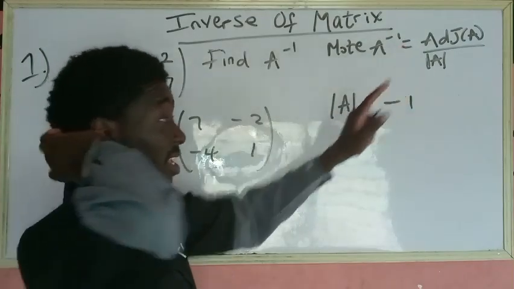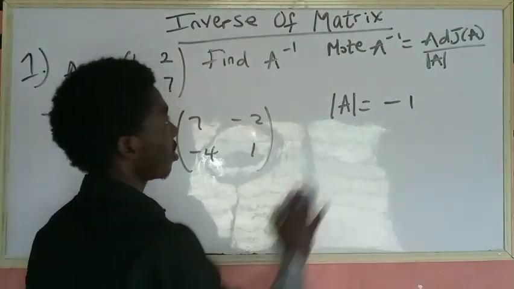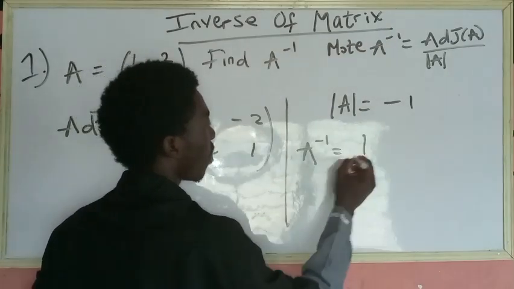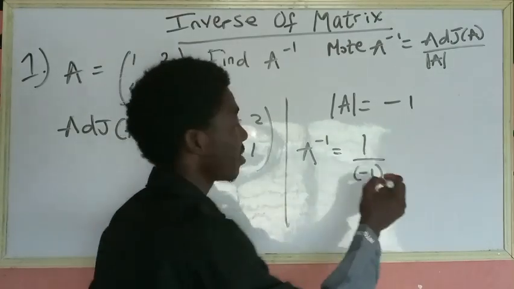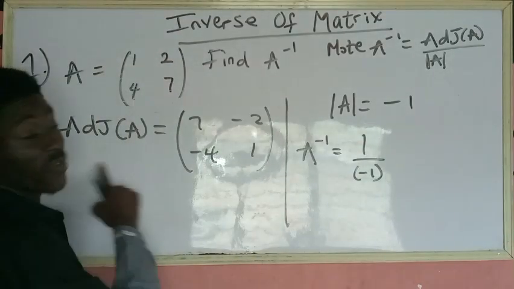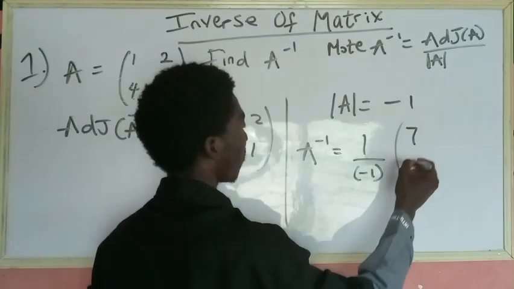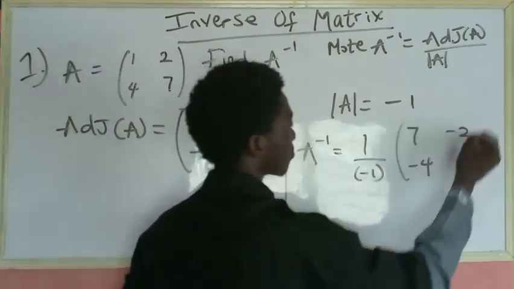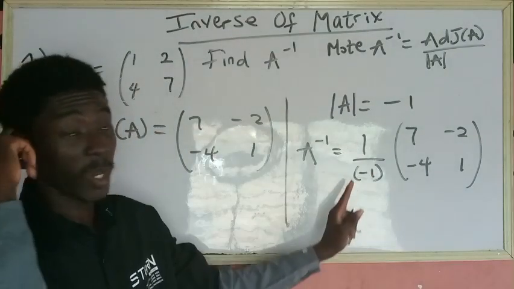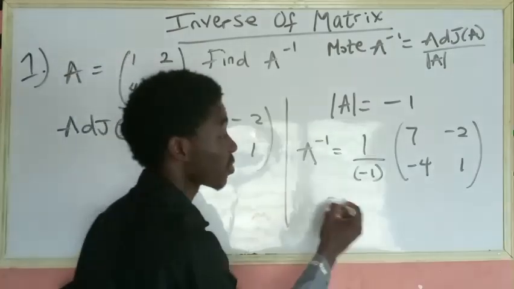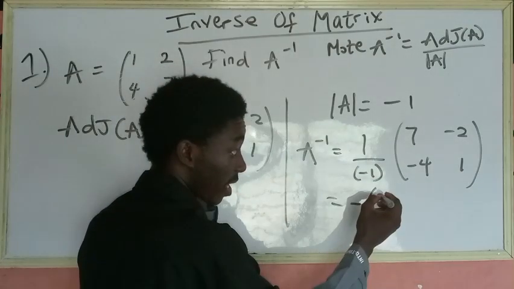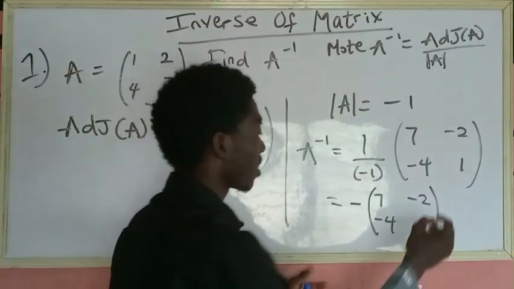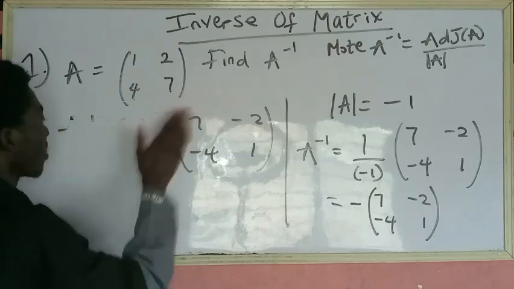Therefore, my A inverse will be equal to 1 over minus 1 times the matrix of the adjoint, which is 7 minus 4 minus 2 and 1. And we know 1 over minus 1 is minus 1. So this is minus 1 multiplied by 7 minus 4 minus 2 and 1. And that gives me the final answer.